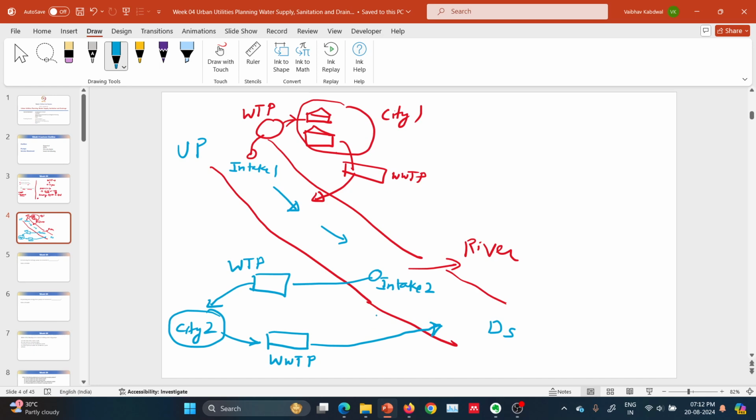So this is the flow of water. If you can see here, from intake to water treatment plant to city, and then city to wastewater treatment plant to river again, we require pumps. The water will not flow automatically, so for that we need pumps. That's why pumps are an integral part of utilities planning.